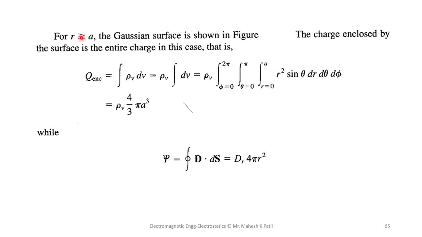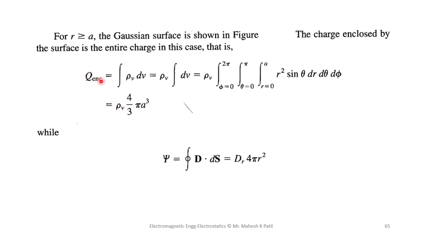Now for r greater than a, we can consider the total charge enclosed, which is the volume integration of rho v dv, so rho v integration dv. After simplification we will get the triple integration of r square sin theta dr d theta d phi. So we will get that answer as 4 by 3 pi a cube multiplied by rho v.